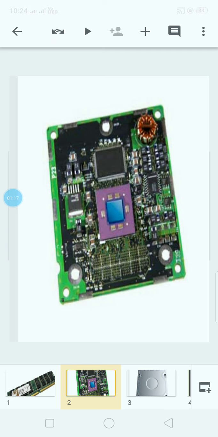Non-volatile memory, sometimes abbreviated as NVRAM, is memory that keeps its contents even if the power is lost. EPROM is an example of non-volatile memory.